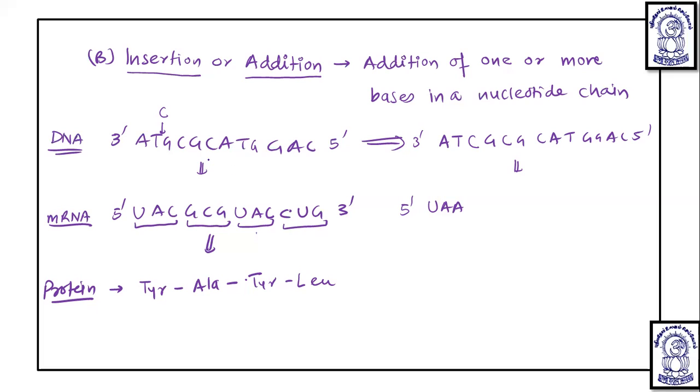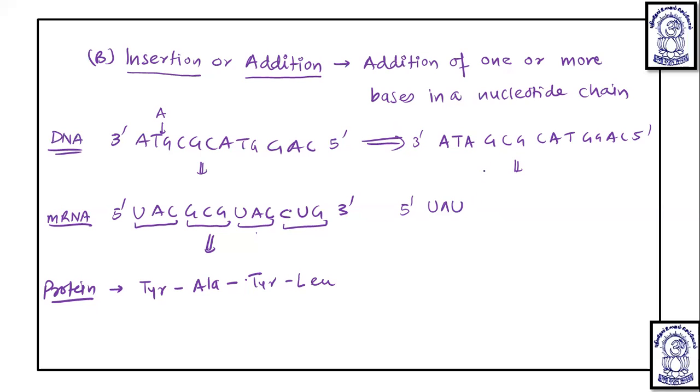So what should I do? I can insert A. Okay, I'm inserting A. Let's see what happens. If I insert A here, then ATA becomes UAU.